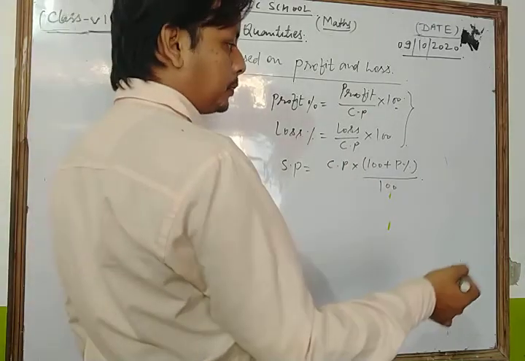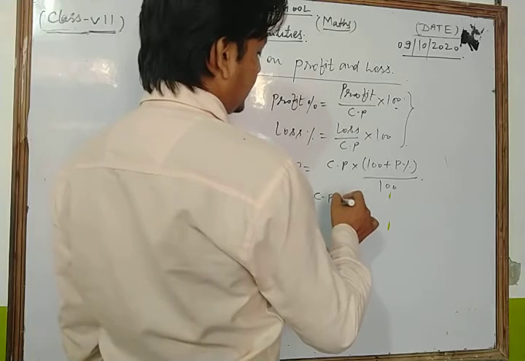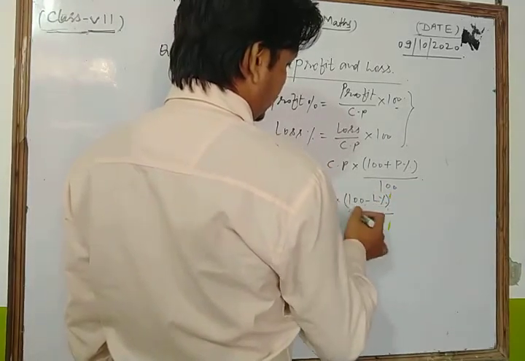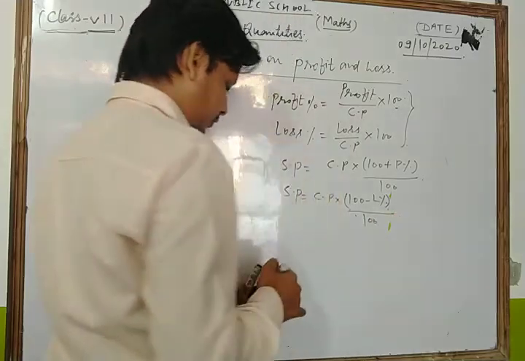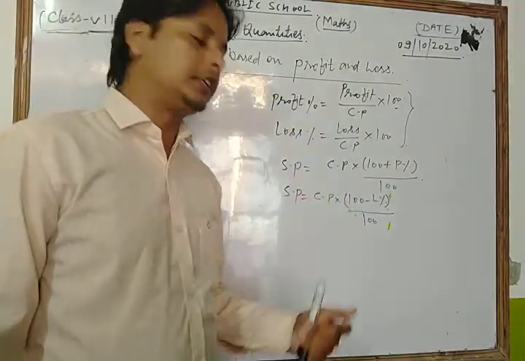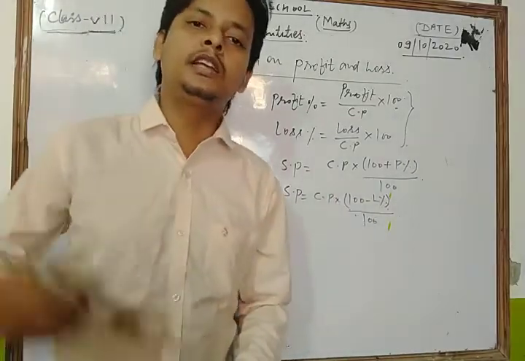And if loss percent is given, then the formula for the selling price is equal to cost price into 100 minus loss percent upon 100.